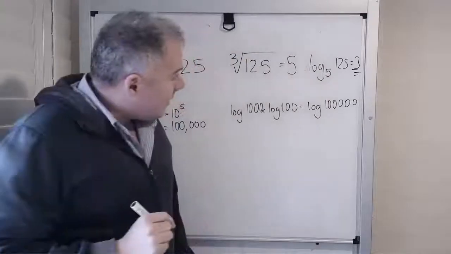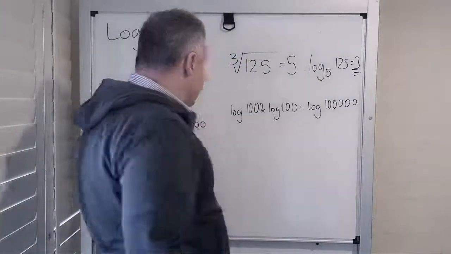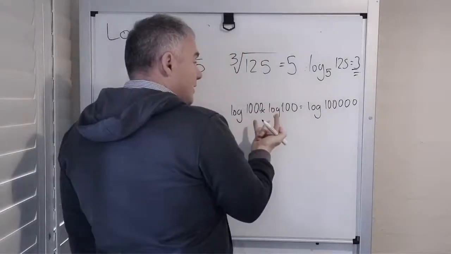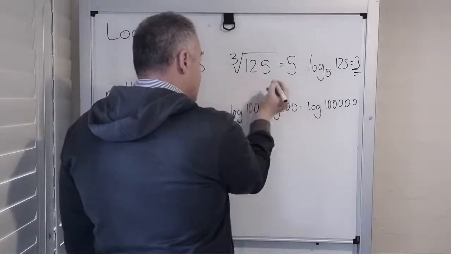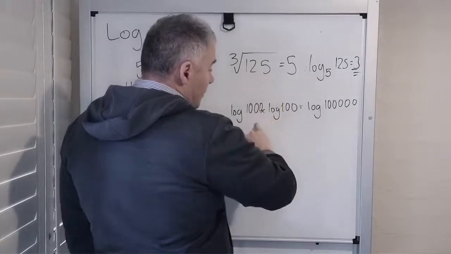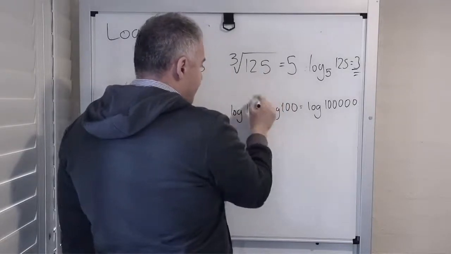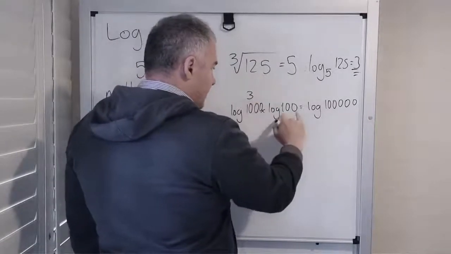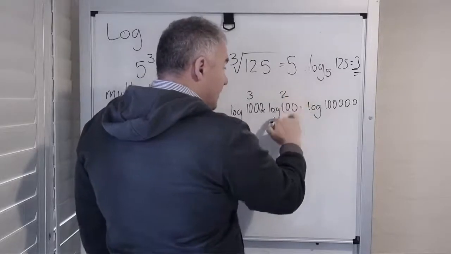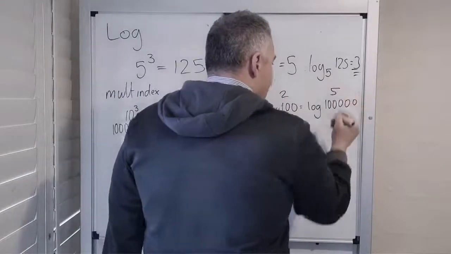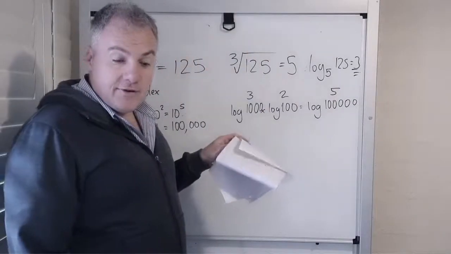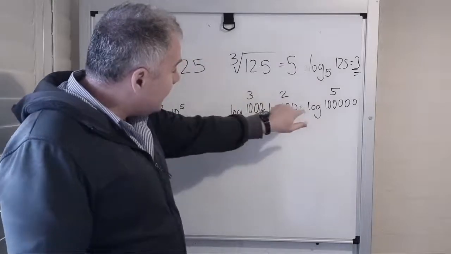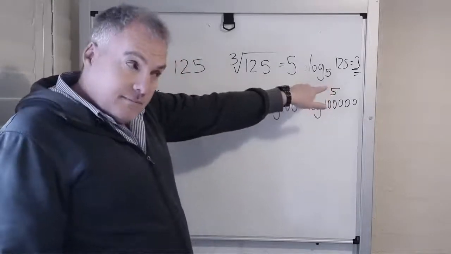Now notice that this is the same statement as that. What this is saying is log 1,000 is 3 zeros, so here's 3. This value here is the same as 3, this value here is the same as 2, and this value here is the same as 5. So notice the pattern. If you times these two things together here, you add them here.